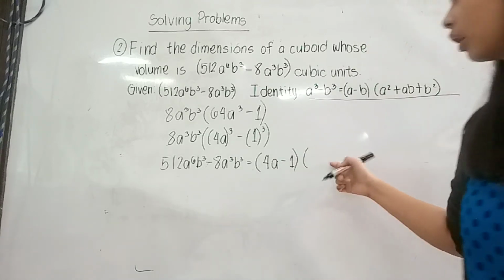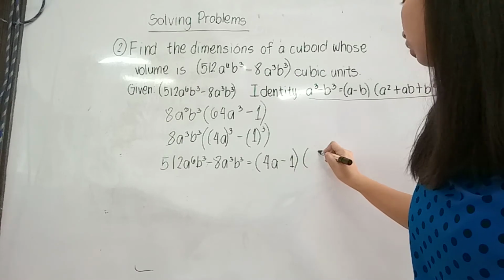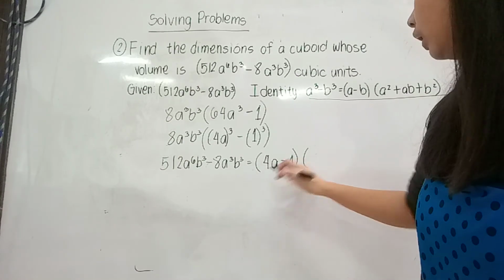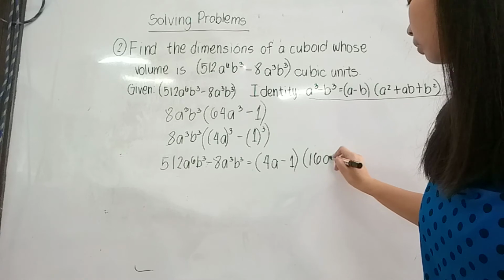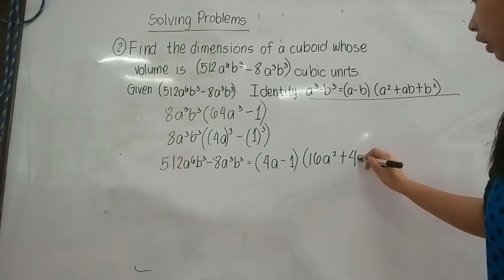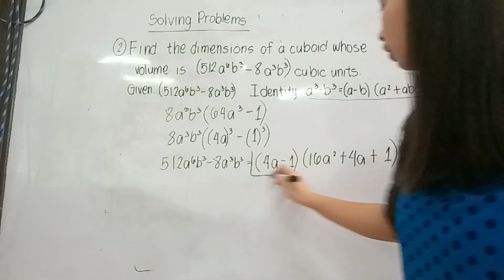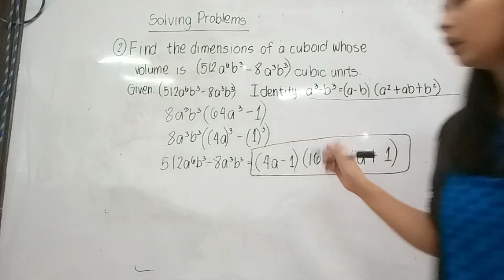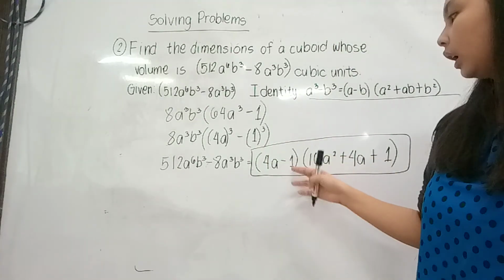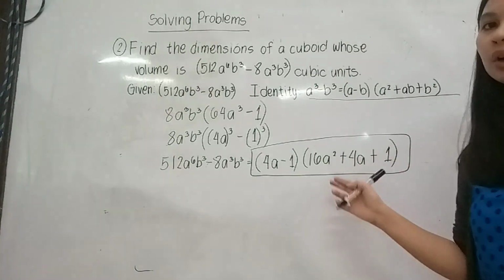And then yung ating second equation is we have 4, and then, square nyo siya. 4a is 16a squared po, okay? Plus, 4a times 1 is simply 4a lang din. Plus 1 lang. So, yun na yun. Yun na yung answer natin for this given problem. So, we have 4a minus 1 times 16a squared plus 4a plus 1 po. So, yun lang siya.